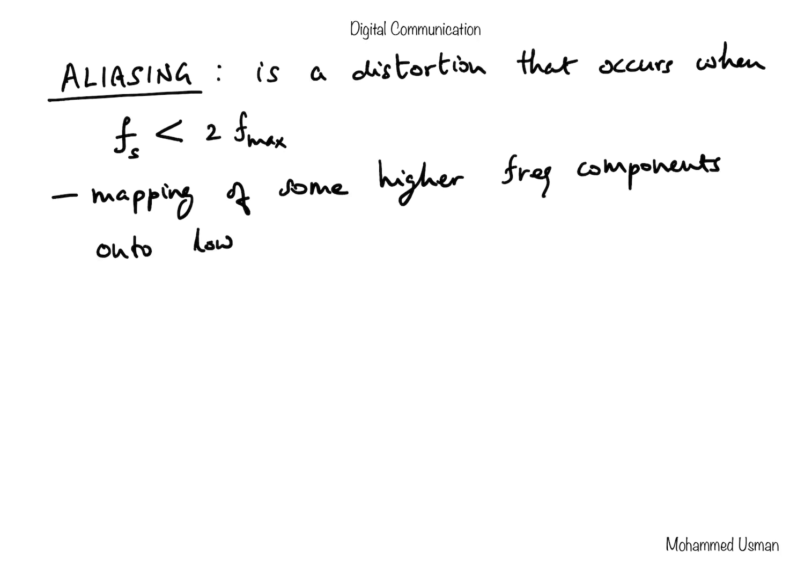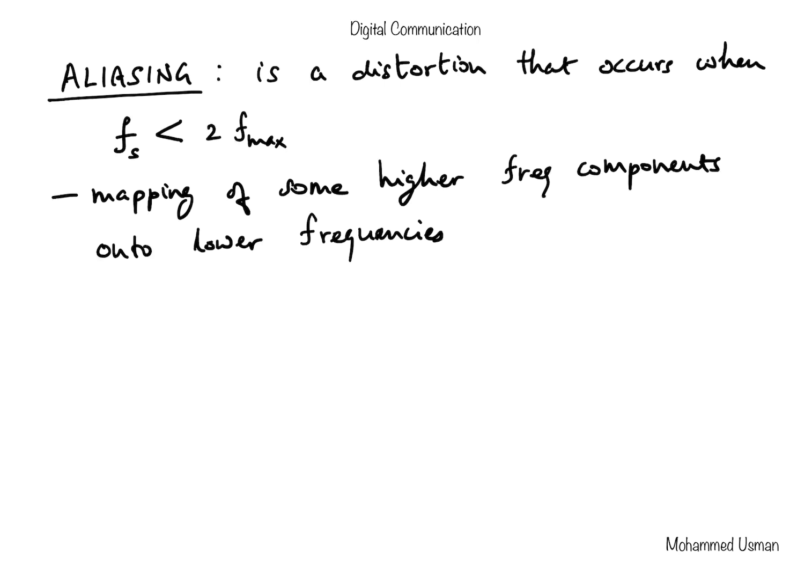In other words, if the sampling rate is less than the Nyquist rate, then upon reconstruction of the signal from its samples, there would be some frequency components which originally had a higher value. Those would get reconstructed as some lower frequency values, and this is what is called aliasing.